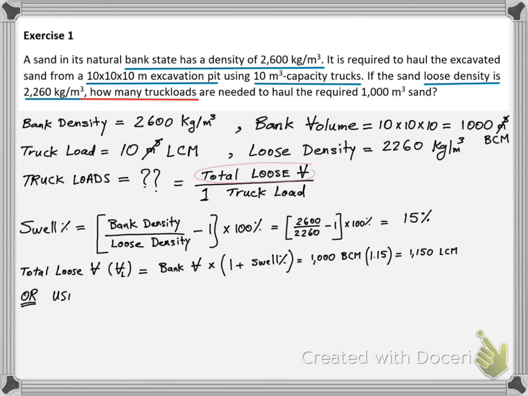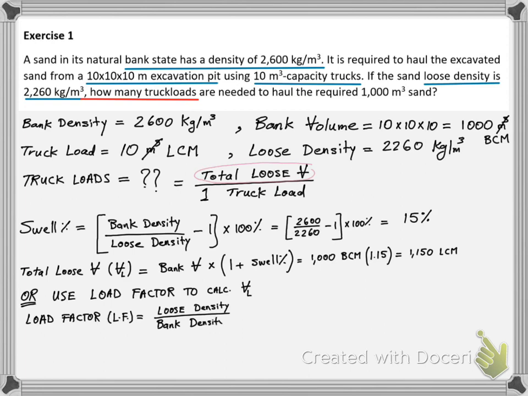Another way to calculate the loose volume is to use the load factor. The load factor formula from the lectures, you remember, is loose density over the bank density. Plugging in the values, this will give us 0.86923. Using now this relation to relate the loose to the bank volumes, using that load factor, we'll end up with the same total loose volume, 1150.